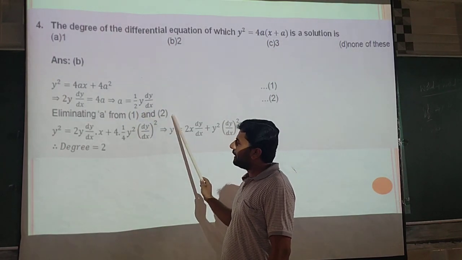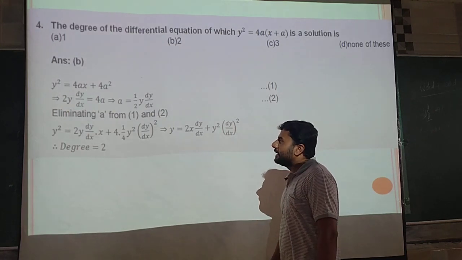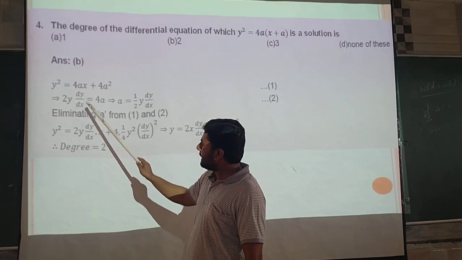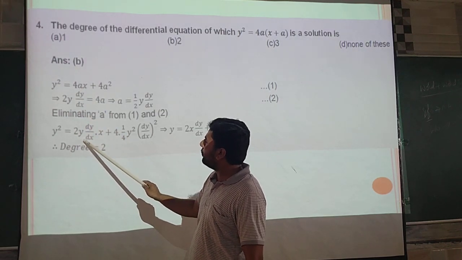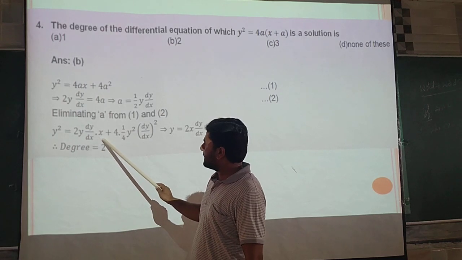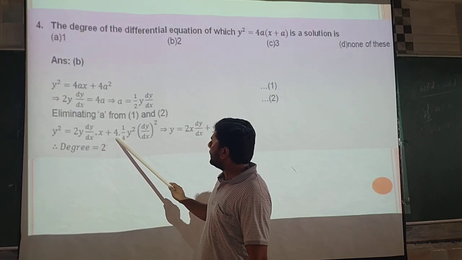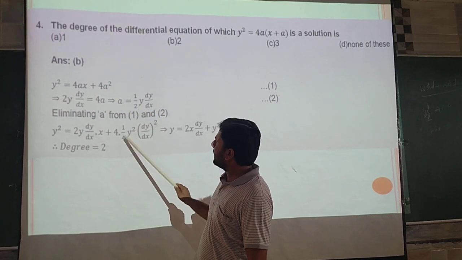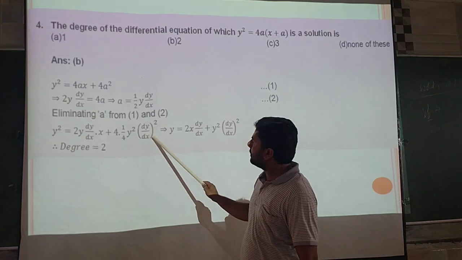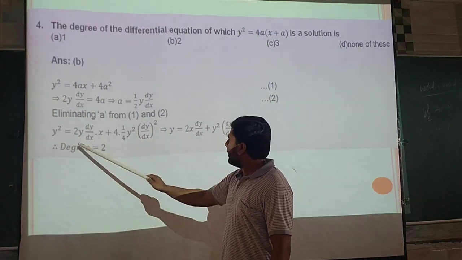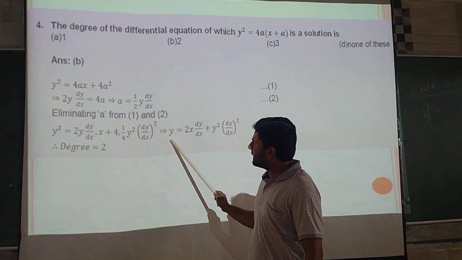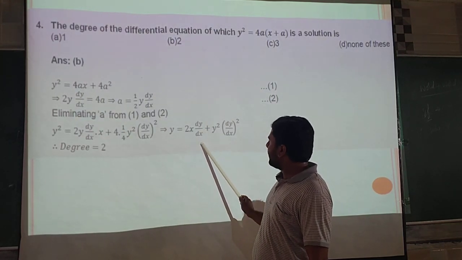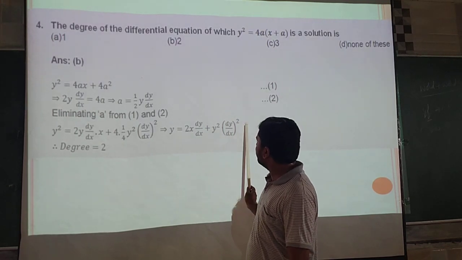Eliminating a from 1 and 2, the given equation y square is equal to 4ax plus 4a square becomes y square is equal to 2y dy by dx into x plus 4 into 1 by 4 into y square into dy by dx whole square. This implies y is equal to 2x into dy by dx plus y square into dy by dx whole square after replacing the value.